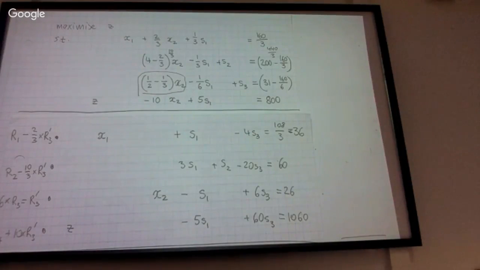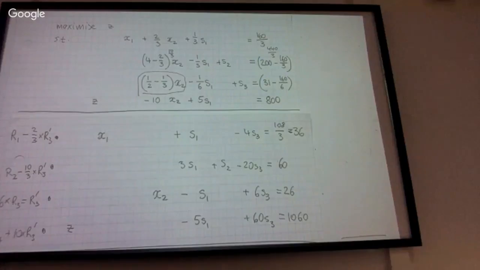Pivot step. We need to find the pivot element. The pivot element is the red element in the system of equations. The way I find it is I look at whether there's anything negative in the coefficients in the Z term, in the Z equation. Okay.